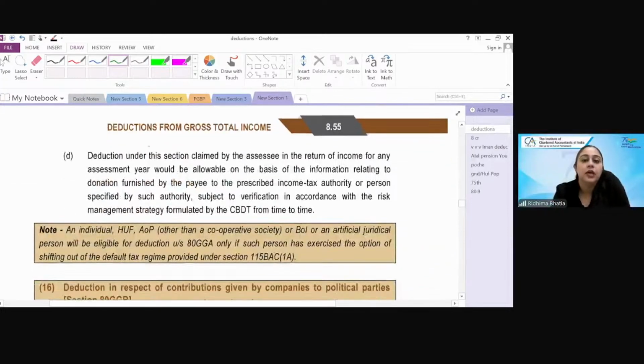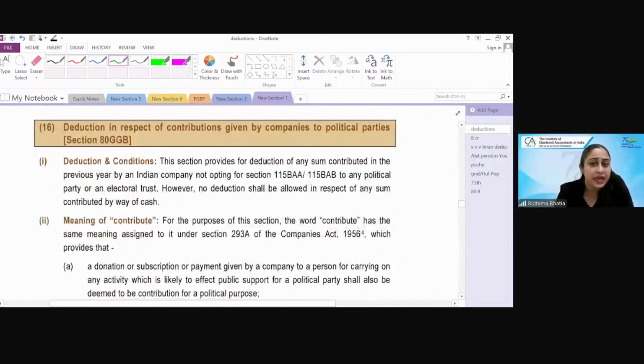Okay, simple. Next are 80GGB and 80GGC. Both talk about donations to political parties. One is for an Indian company, which is 80GGB, where the Indian company is the donor making donations to political parties, and 80GGC is when any assessee other than an Indian company is making the donation.